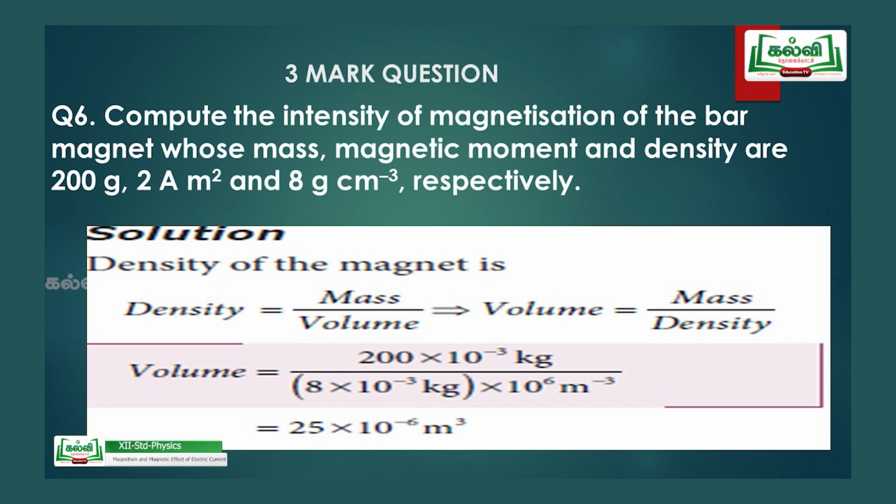After converting this, what is the formula now? Density is equal to mass by volume. Here we need volume, and mass and density are given. Substitute in this formula and you will get the volume. Using this volume we have another formula.